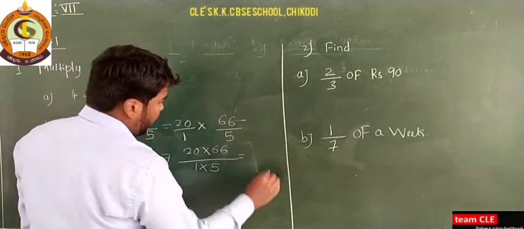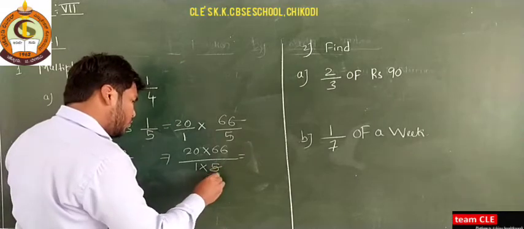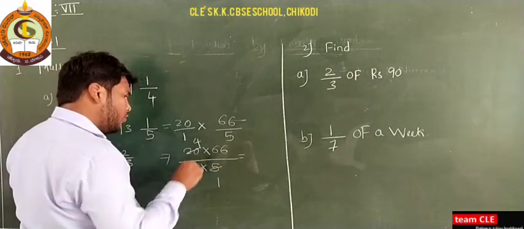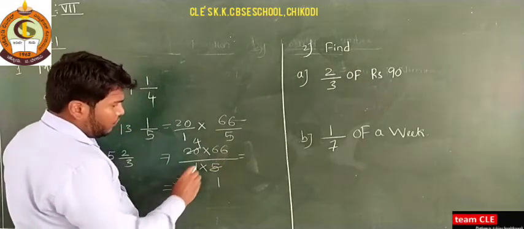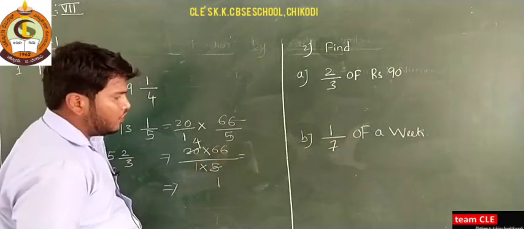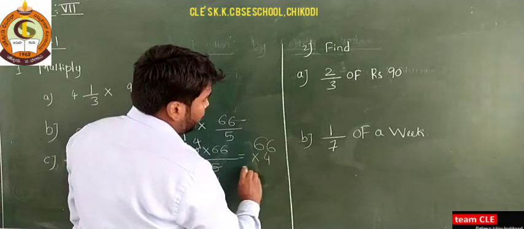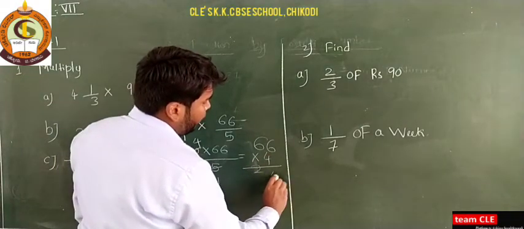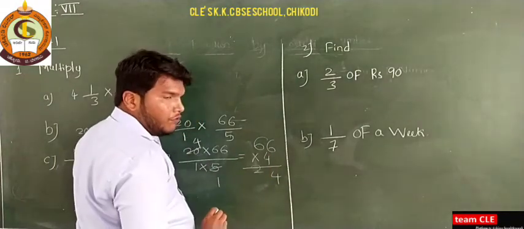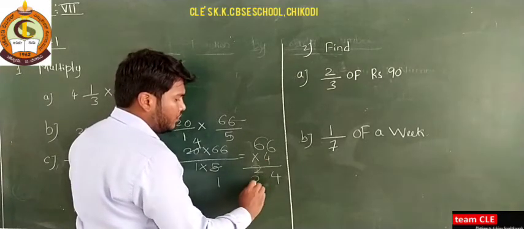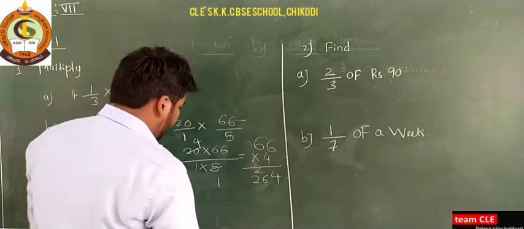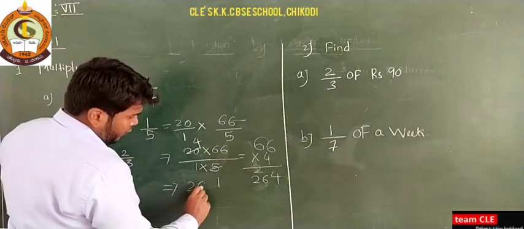Okay, so just multiply this. 5 ones are 5, 5 4s are 20, so I need to do only 66 into 4. I do 66 into 4, that is 6 4s are 24, 6 4s are 24 plus 2, which equals 26. That is the answer you get is 264.